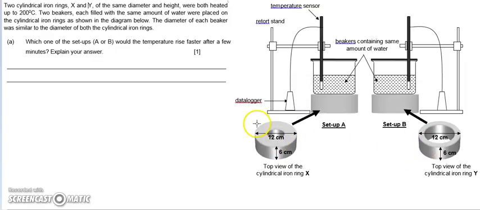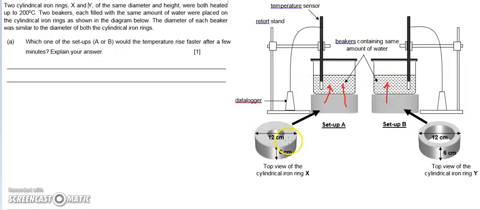Because it has more mass, it has more iron to contain the heat compared to Y. So X has more heat than Y. Therefore, when X has more heat than Y, X would be giving more heat into the water compared to setup B.